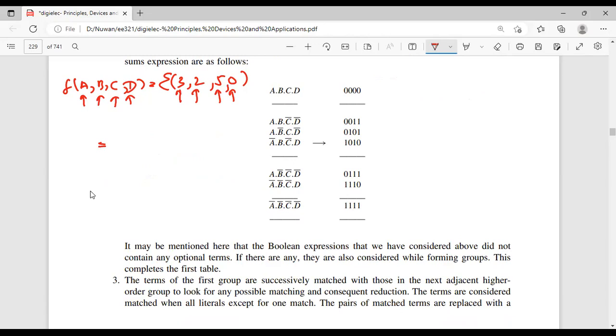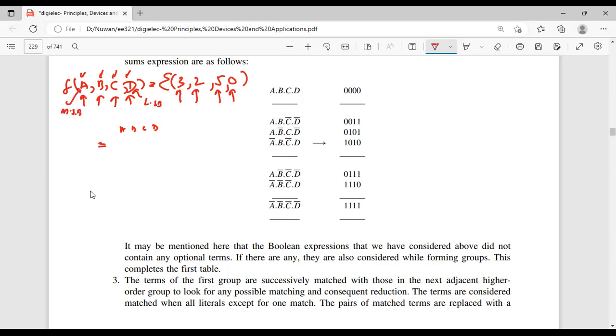So this is the sequence, A, B, C, D. D will be your least significant bit, and A will be your most significant bit.